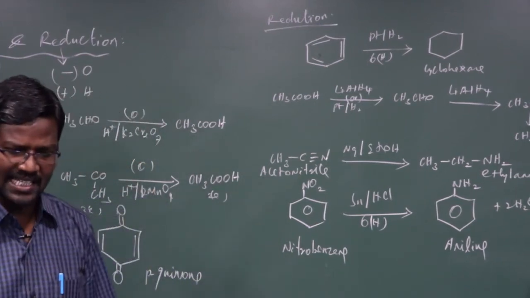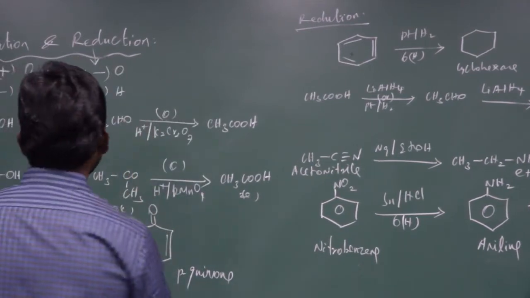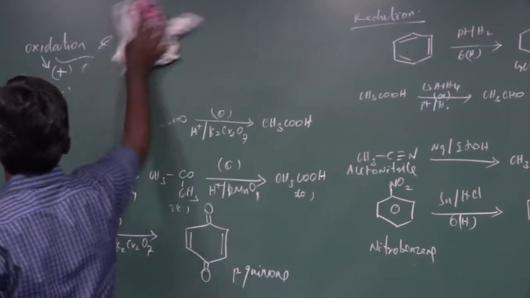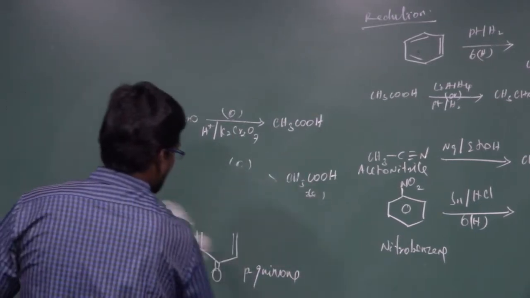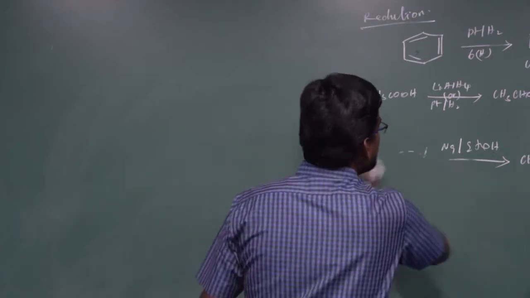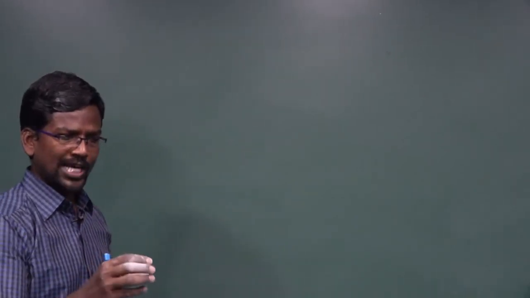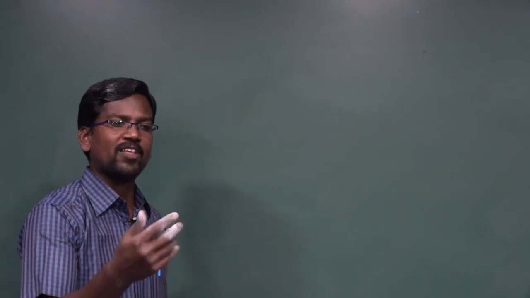Okay. Next we are going to discuss functional group interconversion. In the synthesis of organic compounds, different functional group interconversion reactions are involved. A particular functional group can be converted into another functional group by using different reagents.